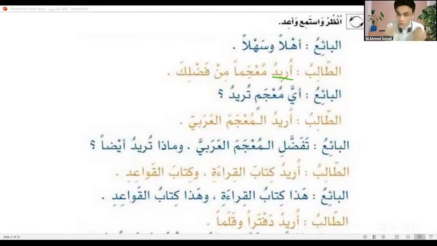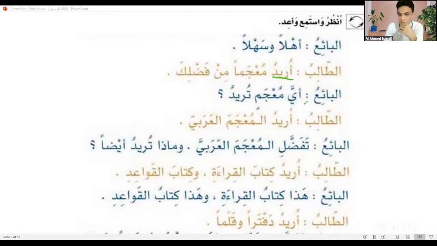So أريد, I want, and من فضلك, please. And what is the meaning of the word معجم? I already mentioned it before, and I already sent the معجم for you for the first 8 units. It's dictionary. So أريد معجما من فضلك, I want a dictionary, please.